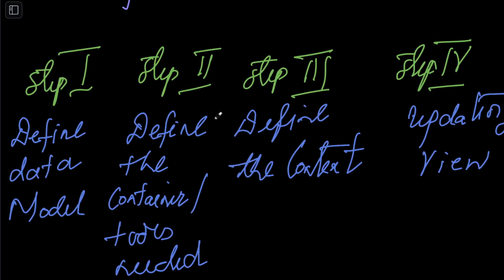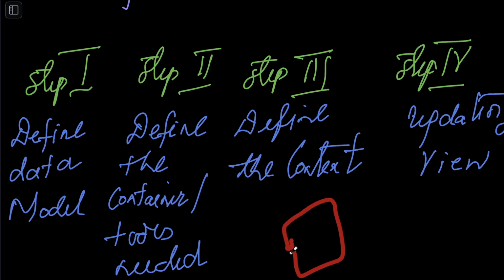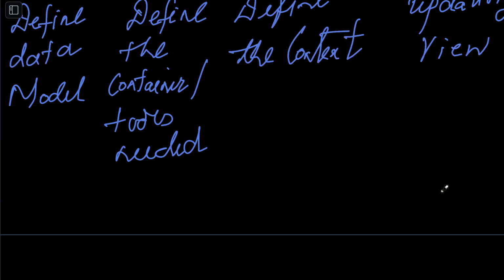The second thing we define is the tools that we need. We'll see this in a little more detail. Then we define the context, for example with which view or which UI screen we are referring that data to. The next is, based on the data we received, we need to update the view, right? So in all we have four steps.